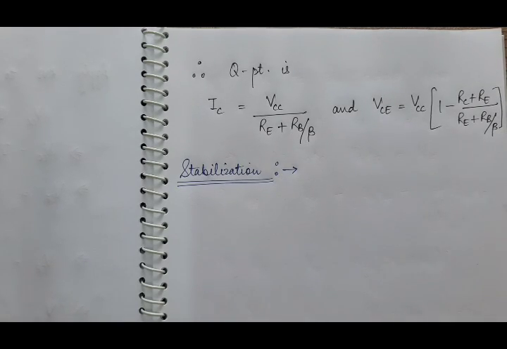So after the calculation of operating point, we will discuss the stabilization in case of base bias with emitter feedback.